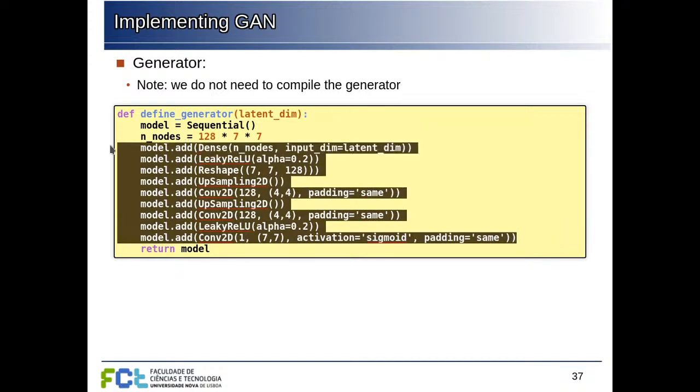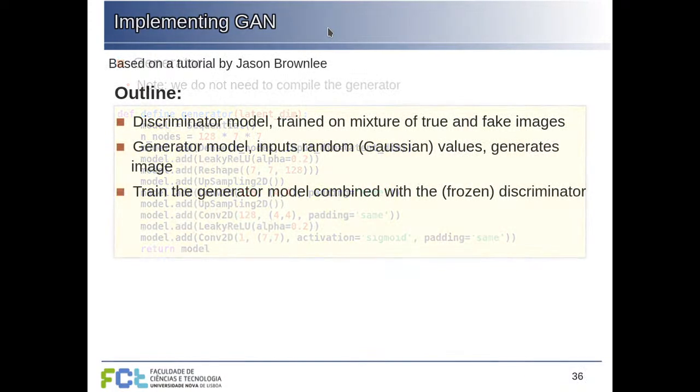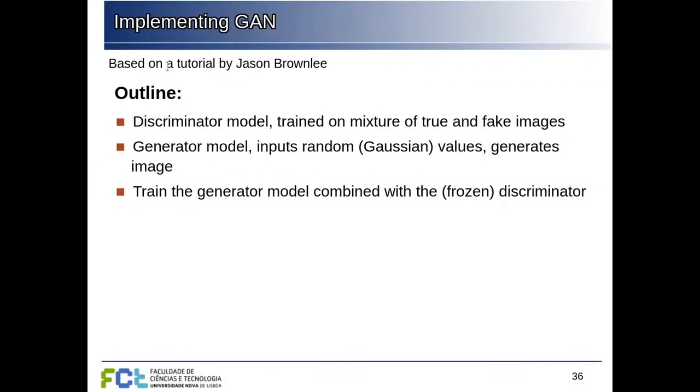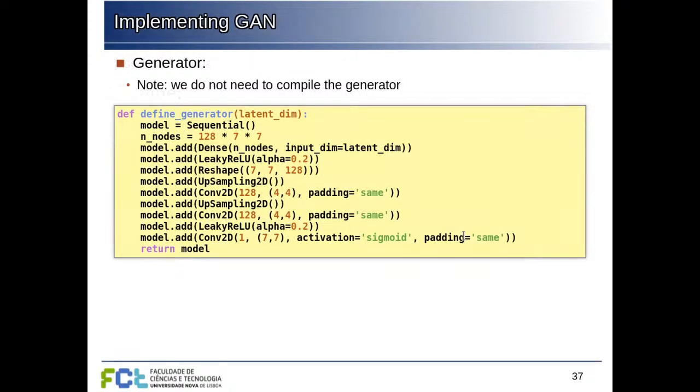Of course, this is something that you can play with. You can use different models here. For example, in this tutorial that I based this example on, they used transposed convolutions. I changed this to the upsampling and convolution because it avoids those kinds of artifacts that we saw with the transposed convolution.